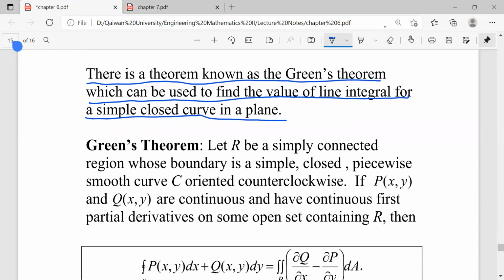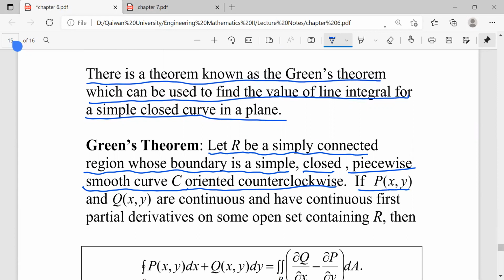So Green's theorem: let R be a simply connected region whose boundary is a simple, closed, piecewise smooth curve. These are the properties of the curve, oriented counterclockwise.